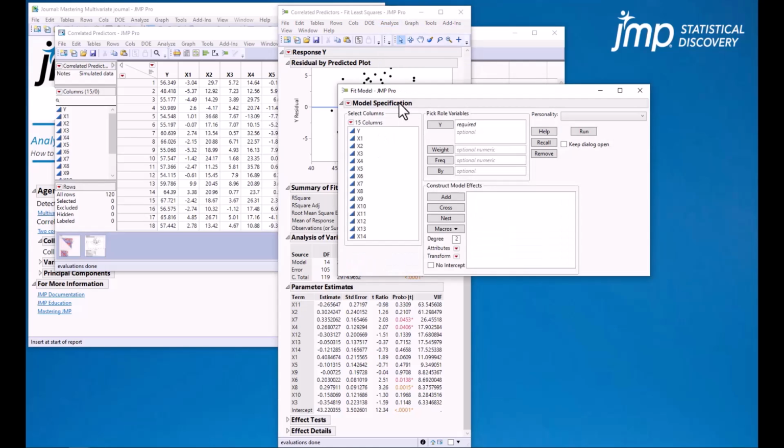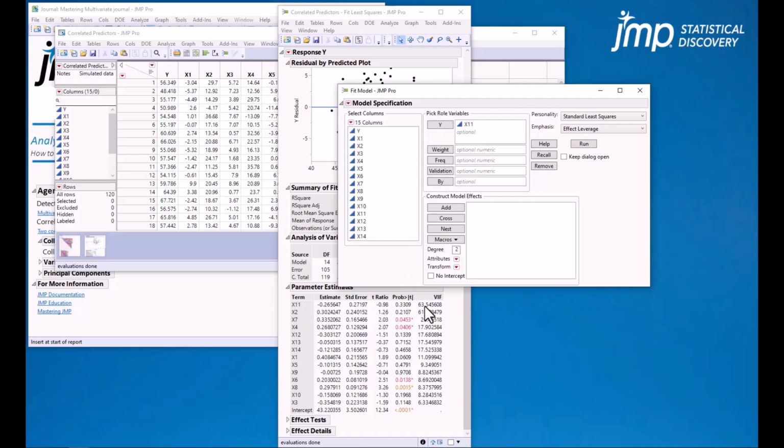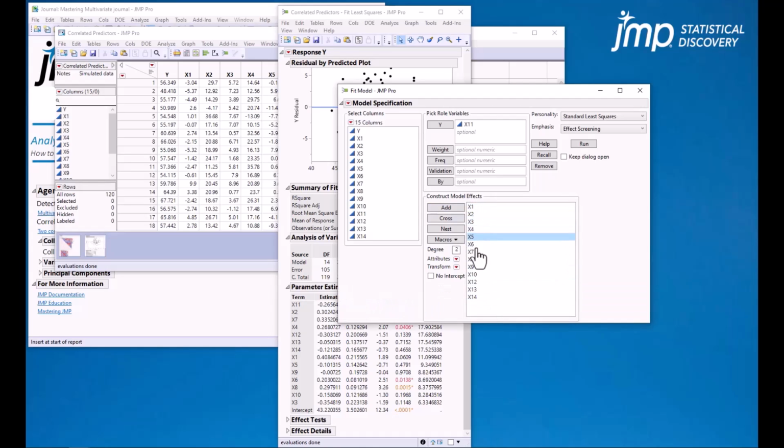I'm going to fit a model of X11, just the one with the highest VIF, versus the other X's, so X1 through X10 and X12 through X14. So my model has all of the predictors except X11, and I'm going to use X11 as my response.